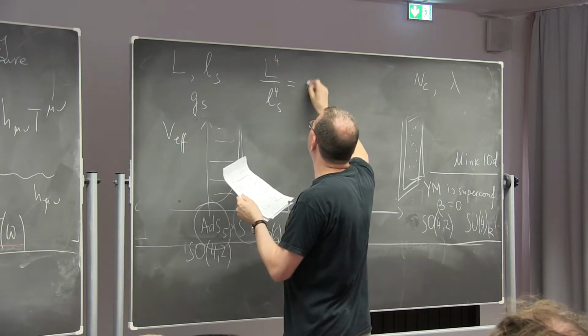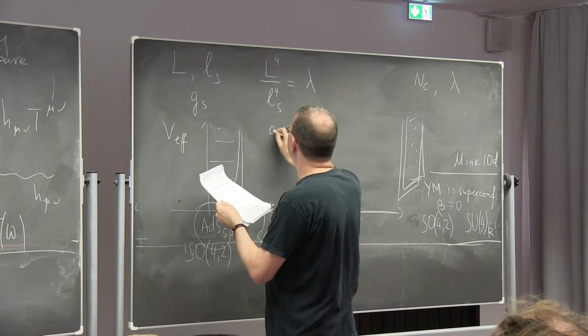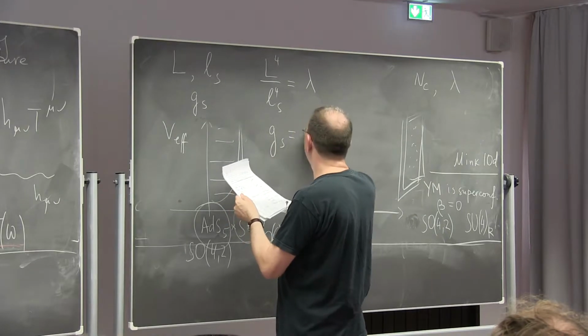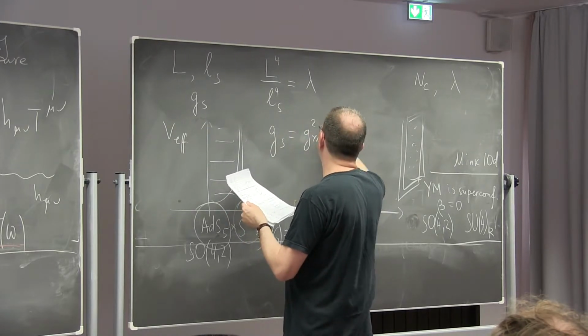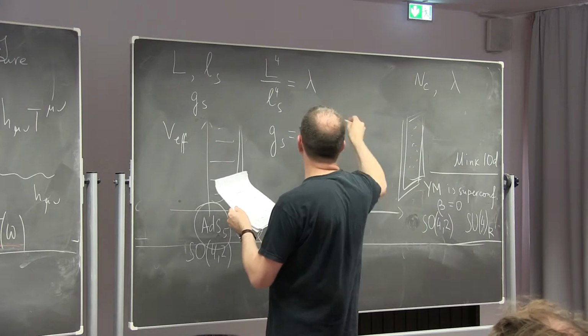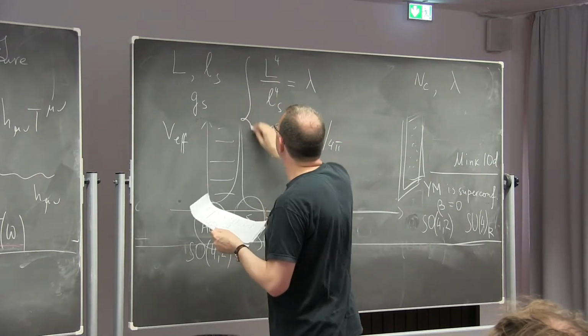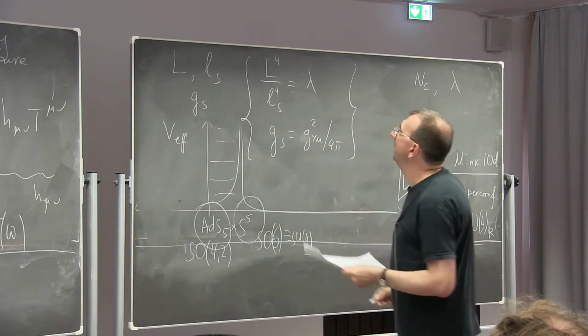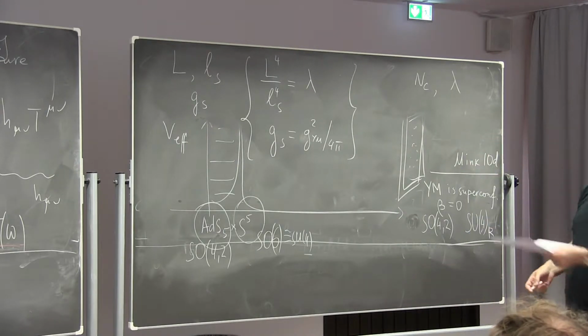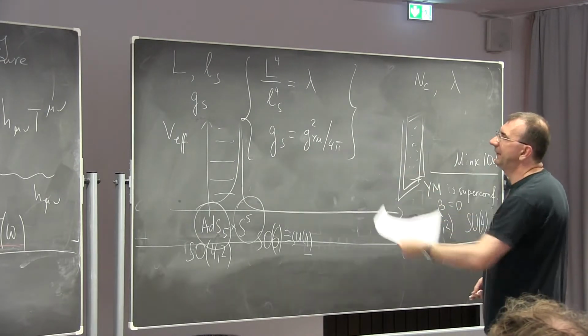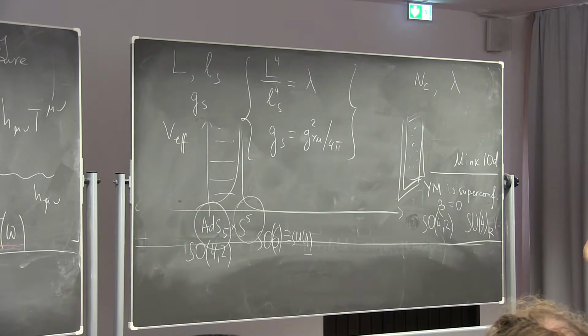So this is the 't Hooft coupling lambda, and GS is identified with G squared Yang-Mills over 4 pi, depending on how you normalize the generators. But the moral of the story is that the two sides are related. The string geometrical side and the Yang-Mills side are related by these equations.